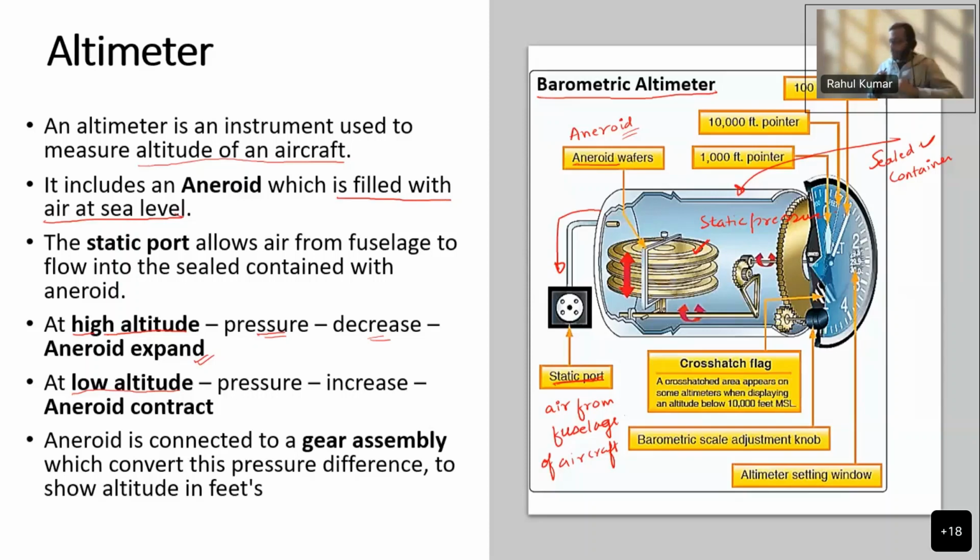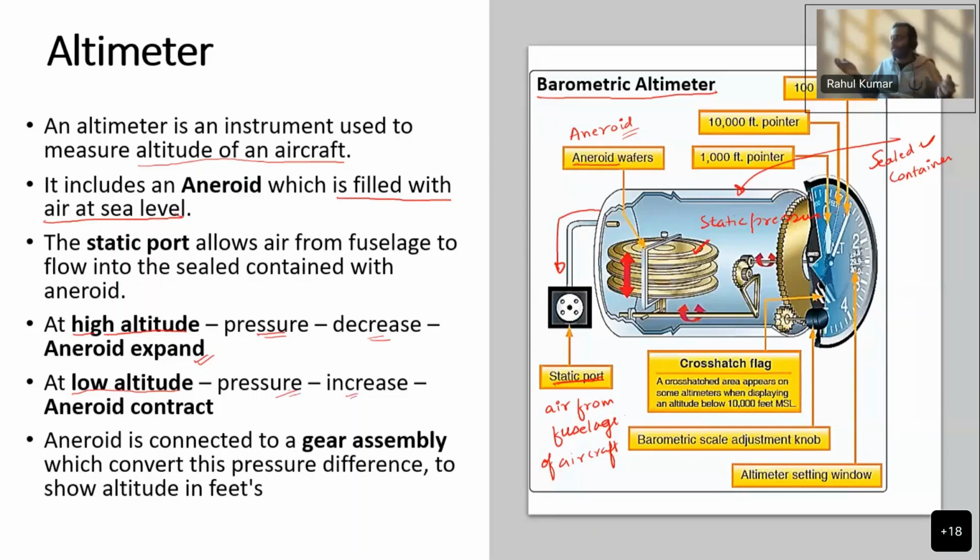If you are at low altitude, there will be more layers of atmosphere above you, so you will experience more atmospheric pressure. So atmospheric pressure at low altitude will be high.